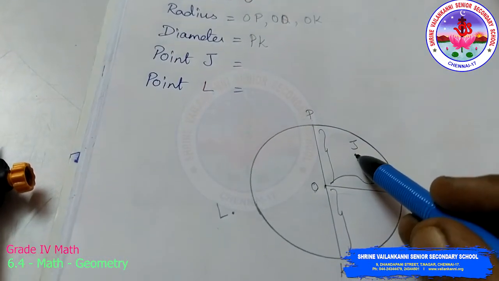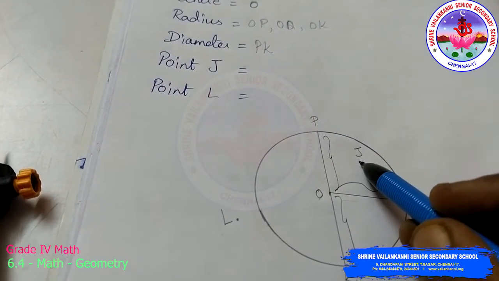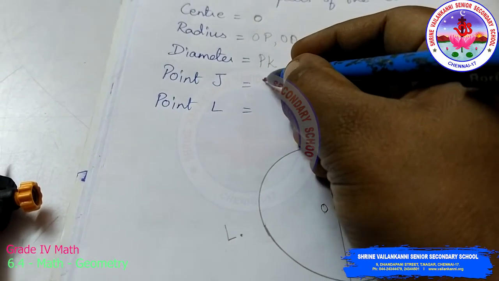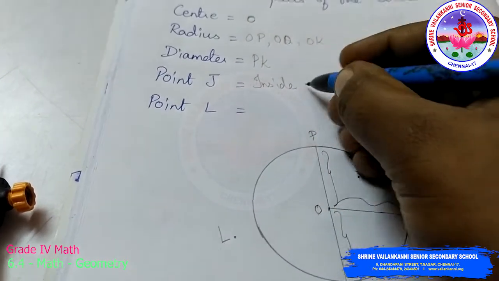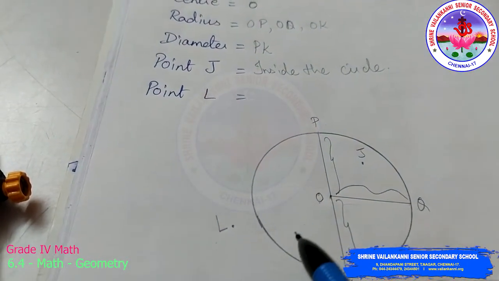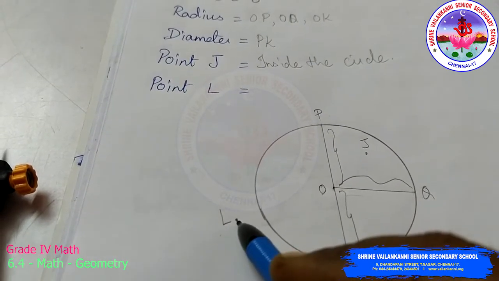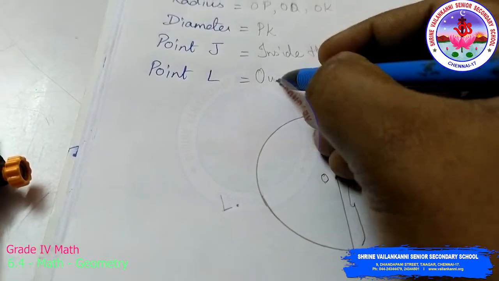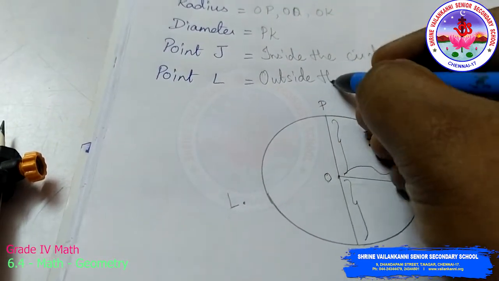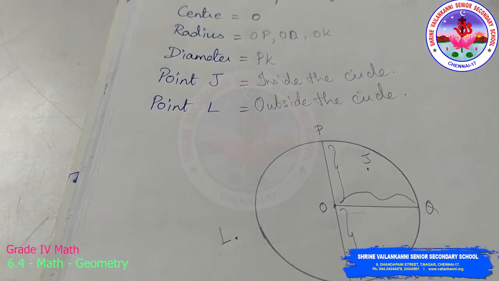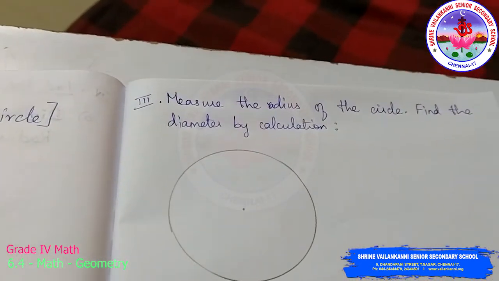J lies inside the circle. Next is point L. This point L lies outside the circle.